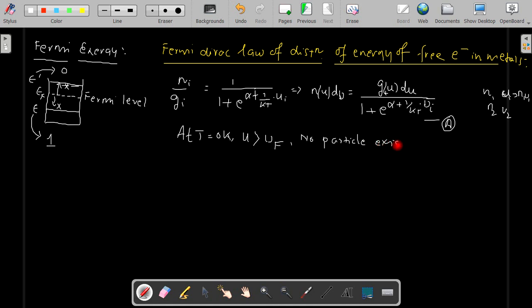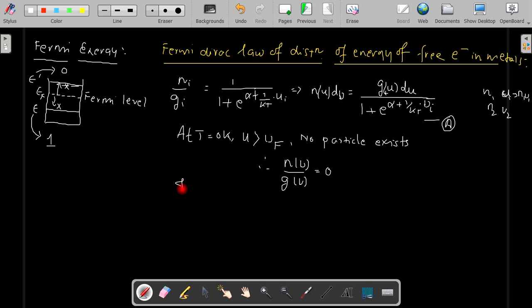This is something which we have already understood from this. That means we can say, therefore this term Nu by Gu or Ni by Gi, whatever, Nu by Gu has to be 0, quite obvious, okay, because there is no particle which will exist above this. This is giving me a probabilistic idea, giving me the number of particles. There will not be any number of particles, because that comes from the definition, okay.